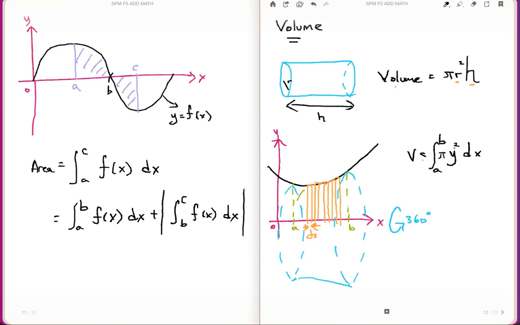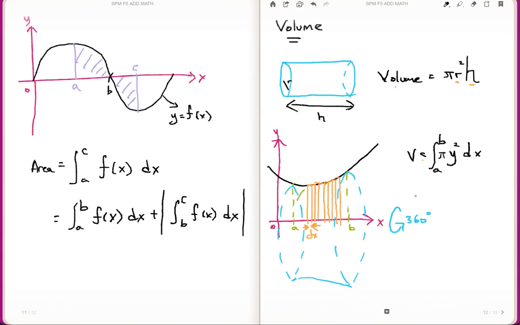I'll give you some time to read on this video. You may also pause my video. Revolution of 360 degrees, then you get this. If it were to be only 180, then you need to halve it.